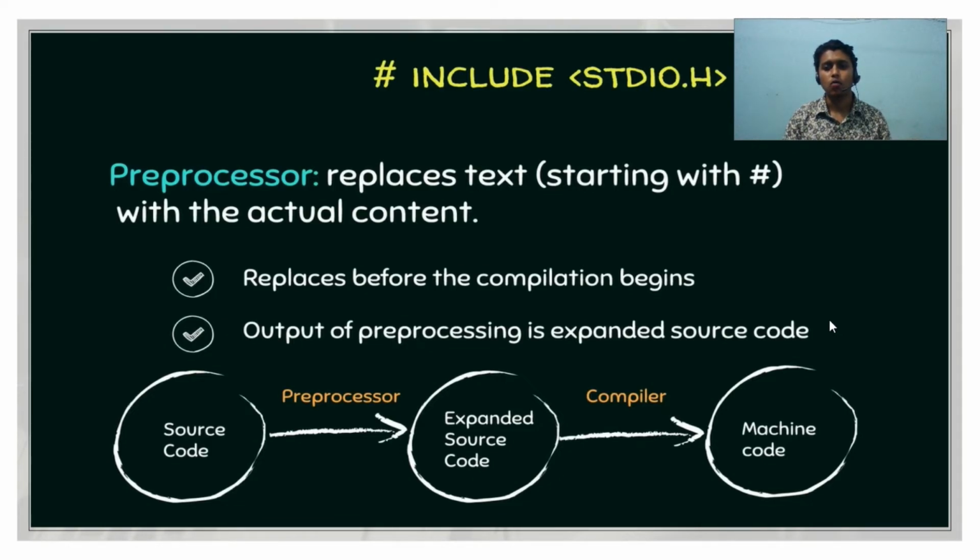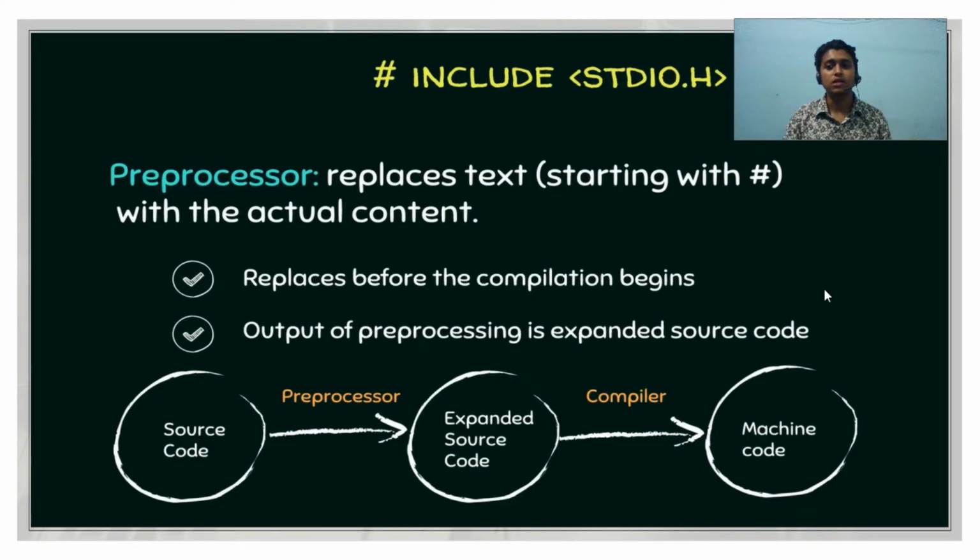Previously what I have is the source code. The code that I wrote is called source code, which is now converted to an expanded code, or you can say the expanded source code. Because of the preprocessor, we have replaced those statements which are followed by hash symbols with the actual content of the files.